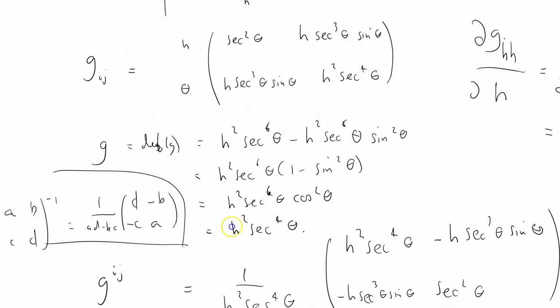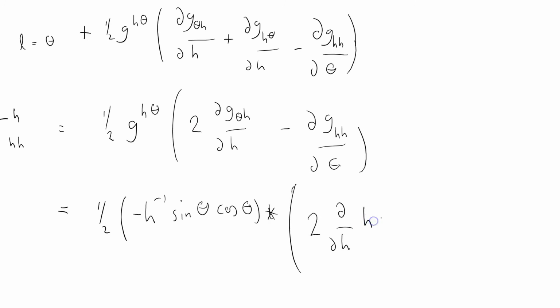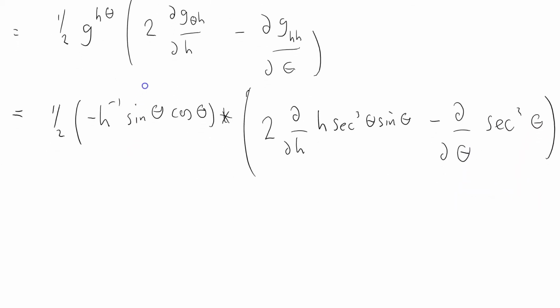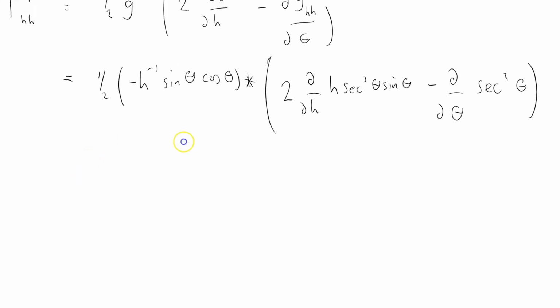It's H sec cubed theta sine theta. No, the bracket shouldn't be there. Minus di by di theta of G subscript HH, and that was just sec squared. Okay, after a while you get a flavour for this. Have I got a 2 missing?